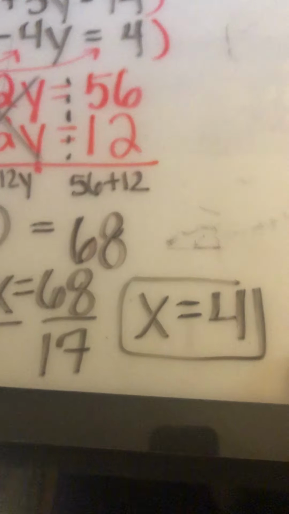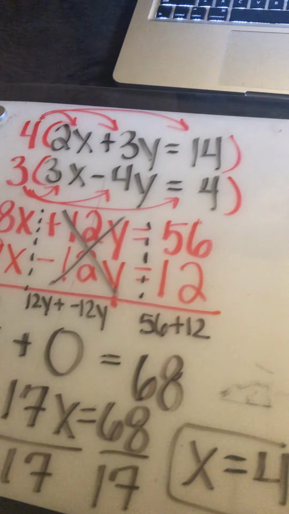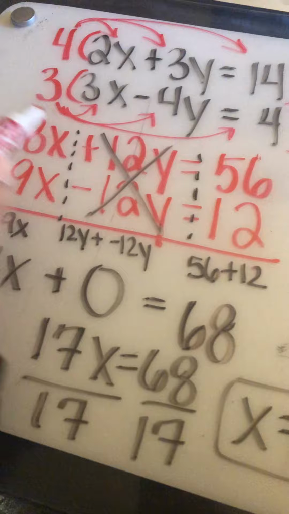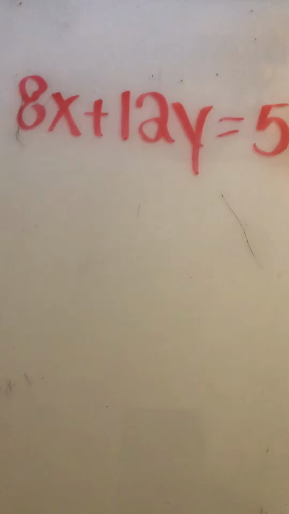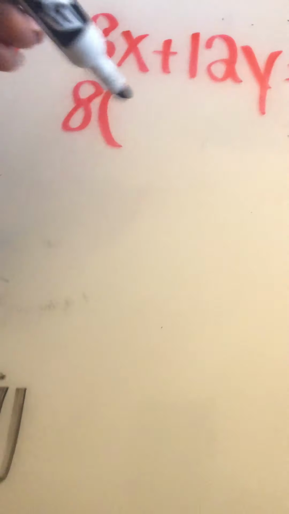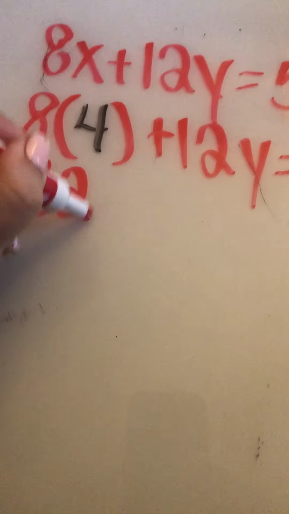We solve for x. We're going to pick one of the equations to solve for y. So this time I picked this one right here. 8x plus 12y equals 56. And I will rewrite it. So now we would have 8 times x is 4, okay, plus 12y equals 56. 8 times 4 is 32.